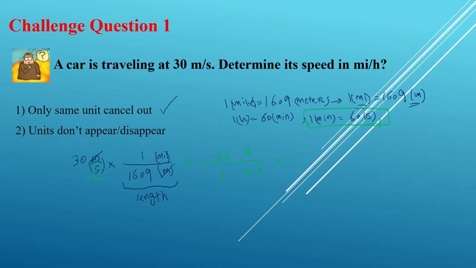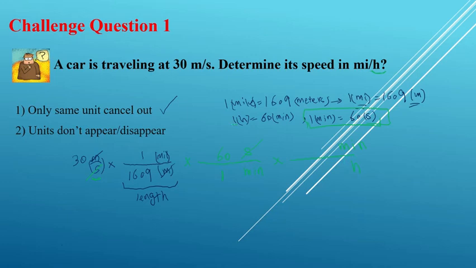But my question asks for hours, right? So now I should convert minutes to hours. Again, with the fraction line, minutes will be canceled out, so it must be in the numerator, and then hours.